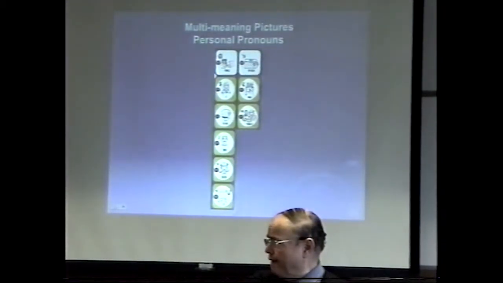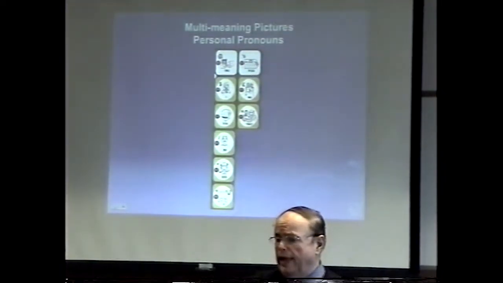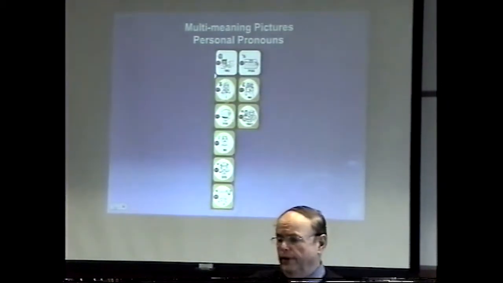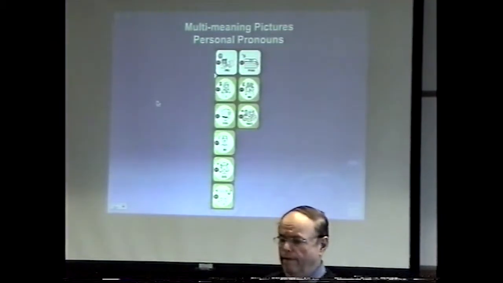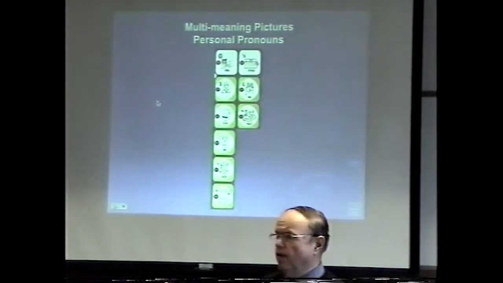We see that? Receiver of action. Susan, would you hit I and the object key? Me. Go down the list. You. Him. Her. It. Us. Them.